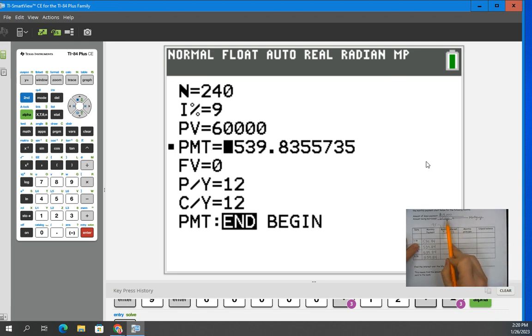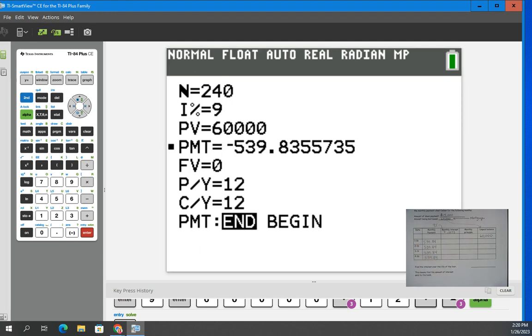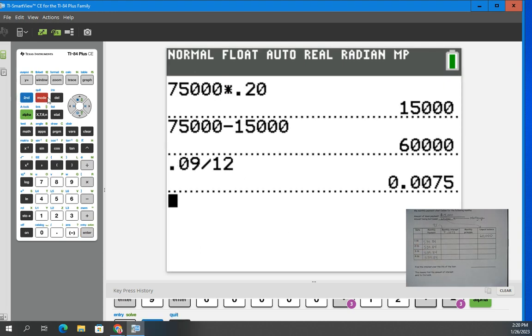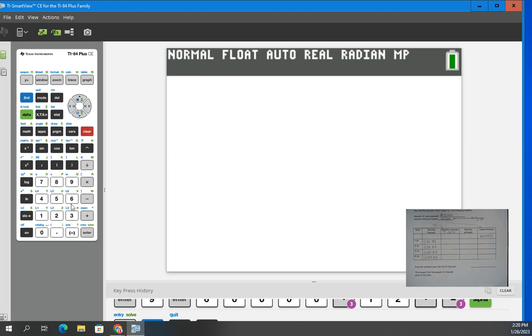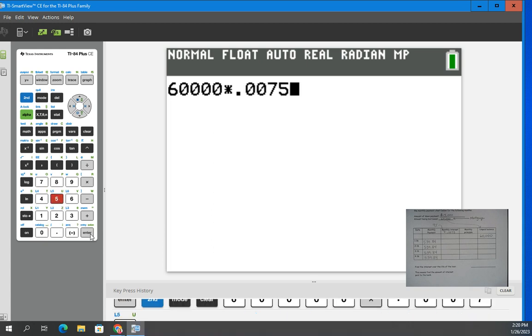The first thing you do is you start with the unpaid balance. Your unpaid balance right at the beginning is the amount of your mortgage. So we're going to take 60,000 and multiply that by our monthly interest rate, which is 0.0075.